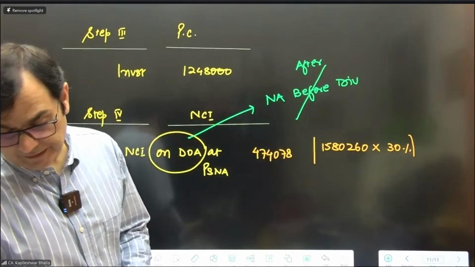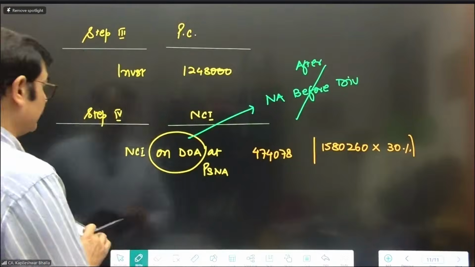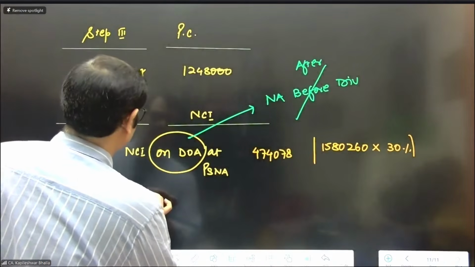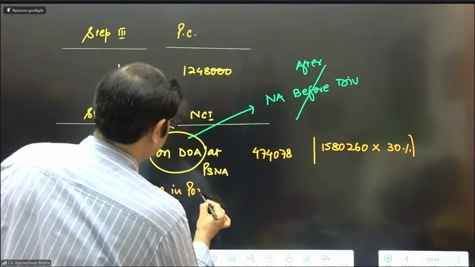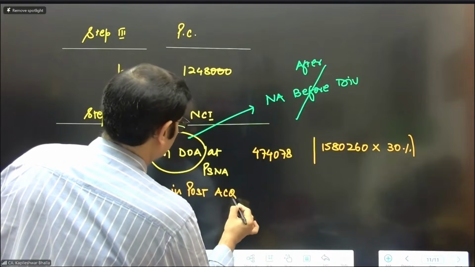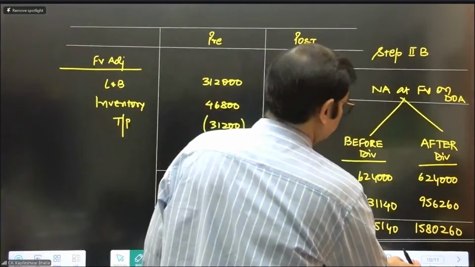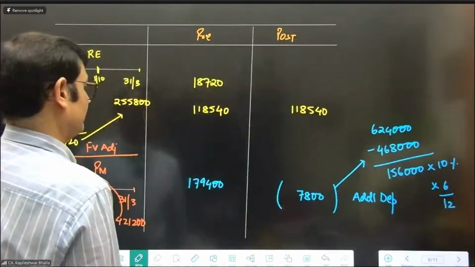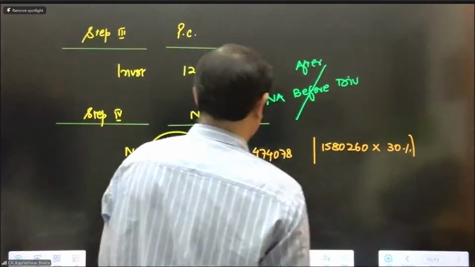Right, so this is the NCI which we get, and then we consider plus the share in post-acquisition profits. We get the share in the post-acquisition profits from step number 2A, and the post-acquisition is 110740.